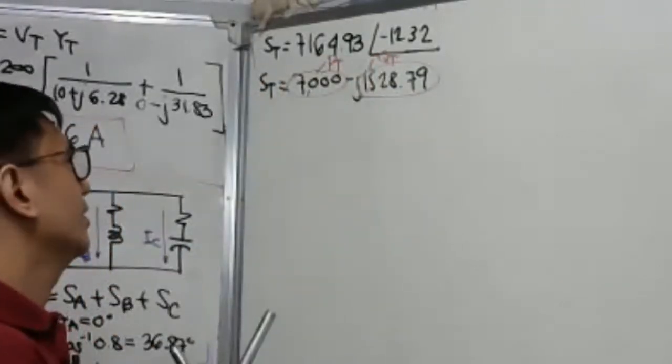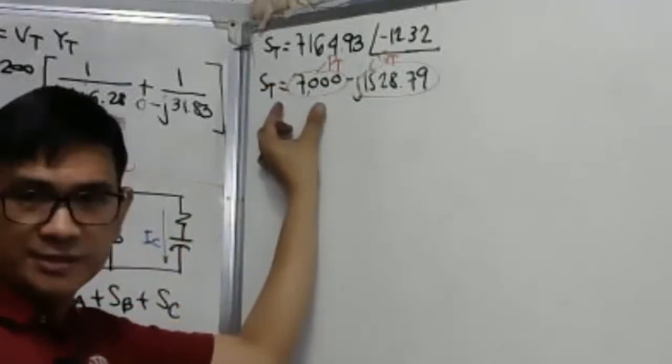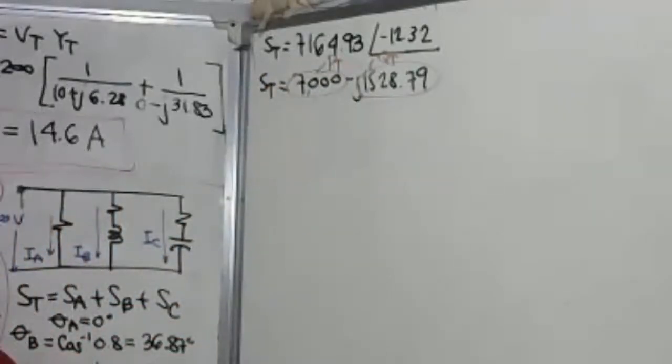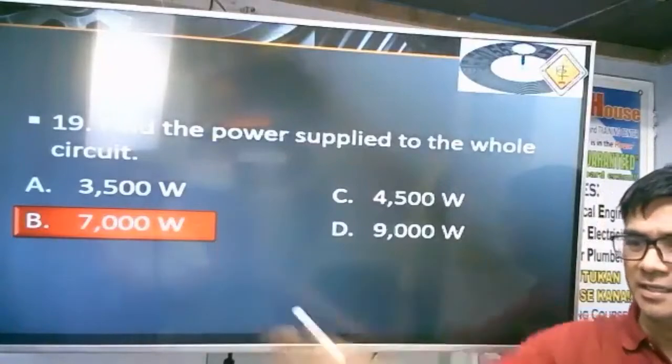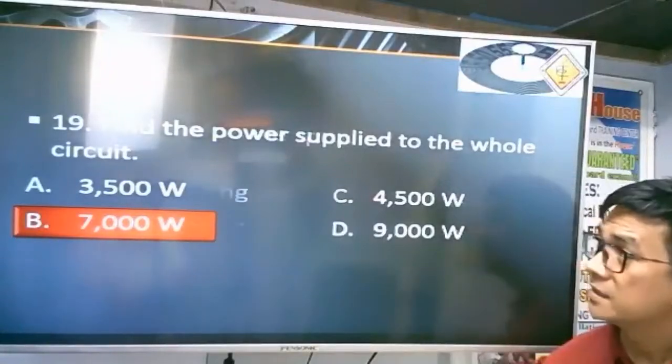So our answer is 7,000 watts, which is letter B. Letter B is the answer.